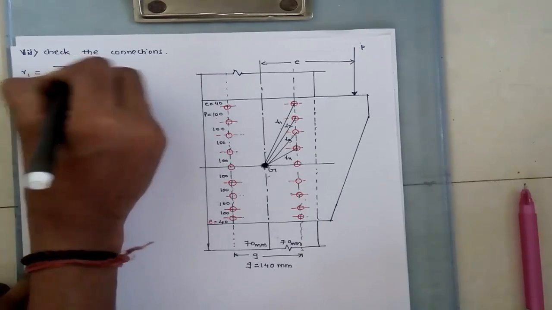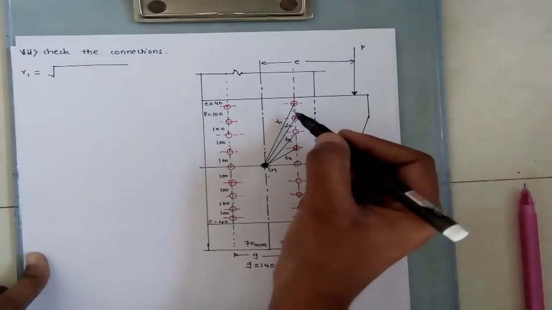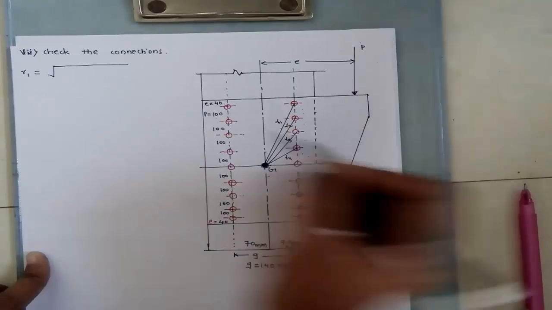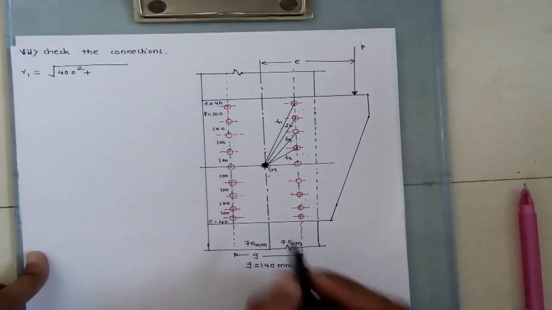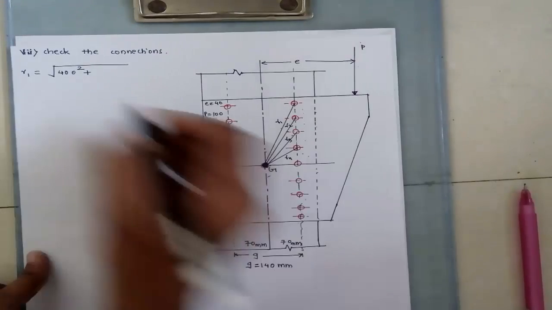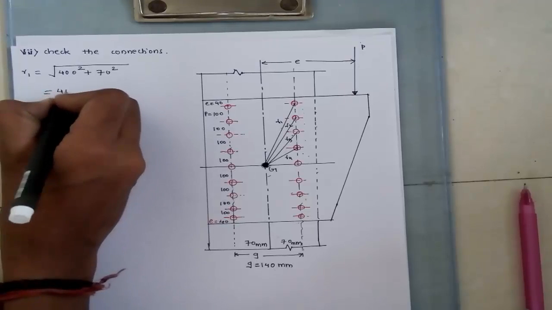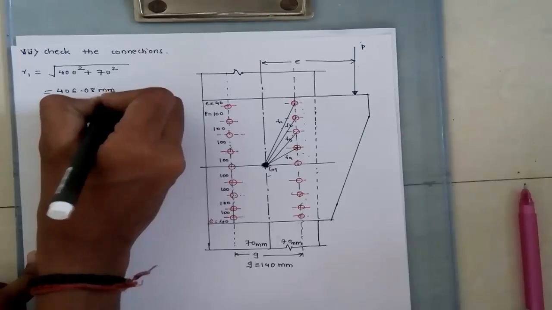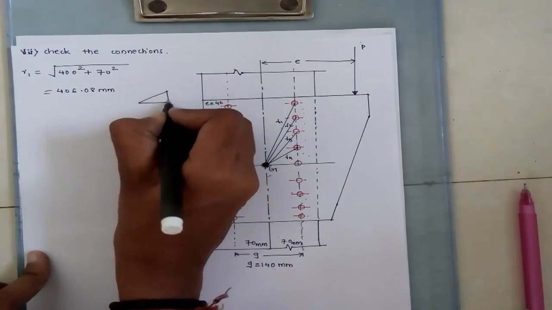R1, by applying the Pythagoras theorem, equals the square root of 400 squared plus 70 squared. After calculation we get 406.08, or you can calculate it with the help of this triangle also.